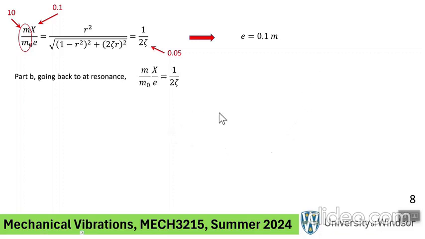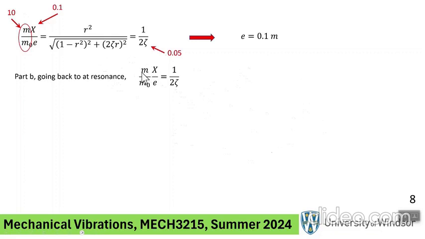Now part B says, okay, again at resonance, so we have this condition. This is the condition at resonance. Remember, generally it's like that. At resonance, R equal to 1, it's reduced to this. It says how much we have to add to M, by how much we have to add to M?